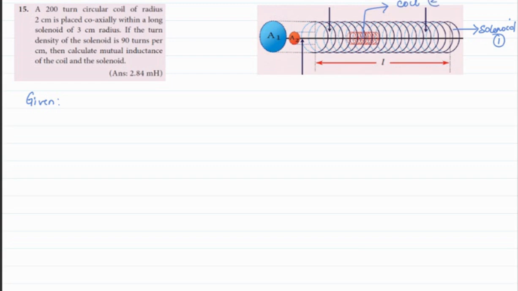The number of turns in the circular coil is 200 turns. Since it is not given per centimeter, N2 is equal to 200 turns. The radius of the coil R2 is 2 centimeter, which is 0.02 meter. And the solenoid outer radius R1 is given as 3 centimeter, which is 0.03 meter.